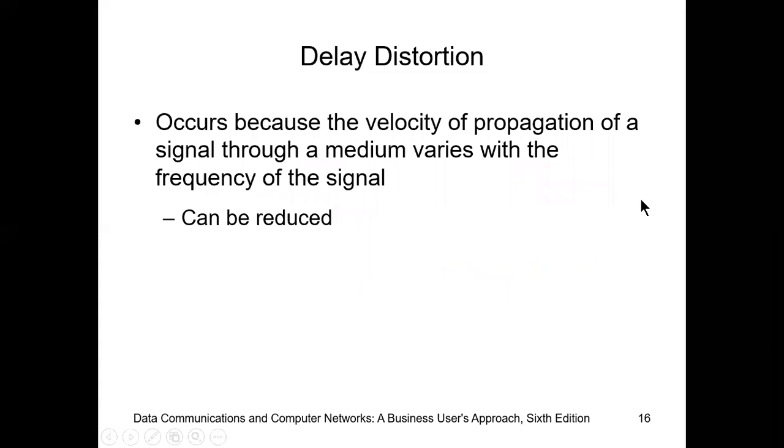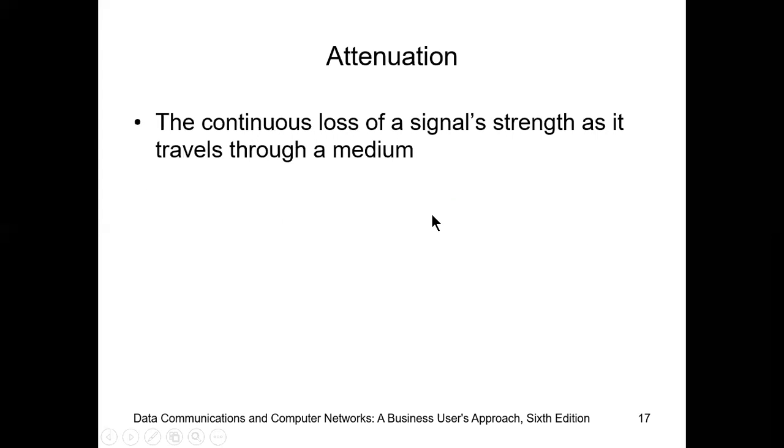There's also what we call delay distortion, which occurs because the velocity of propagation of the signal through a medium varies with the frequency of the signal. So there is delay which can cause distortion in the message, but it can be reduced. There's also attenuation, the continuous loss of signal strength as it travels through the medium.